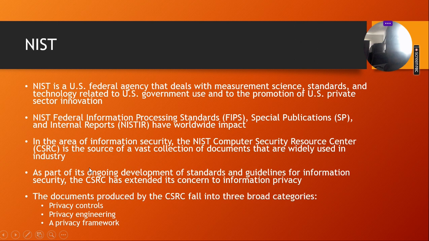As part of the ongoing development of standards and regulations for information security, the CSRC has extended its concern to information privacy. Now, the documents produced by the CSRC fall into three broad categories: privacy controls, privacy engineering, and privacy frameworks. You see, they've delved into privacy. They want to know how companies or inventions are making use of people's data.